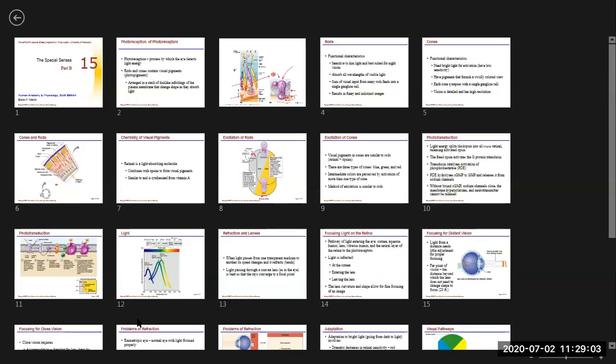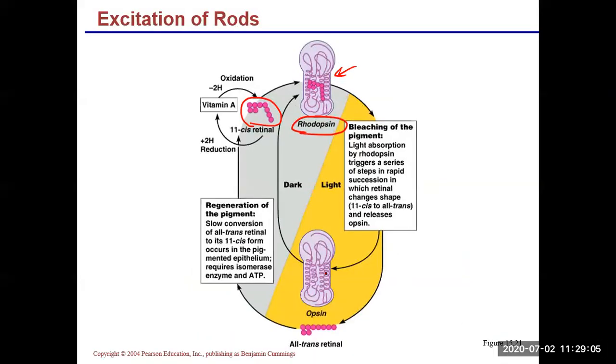Bear with me, I know it could get a little bit complicated, but if you review it a couple of times, it's not as bad actually. So now the retinol and the opsin are separated from one another. What now? This opsin is, not exactly, but kind of like a G-linked protein. In other words, they are involved in a cascade of events.